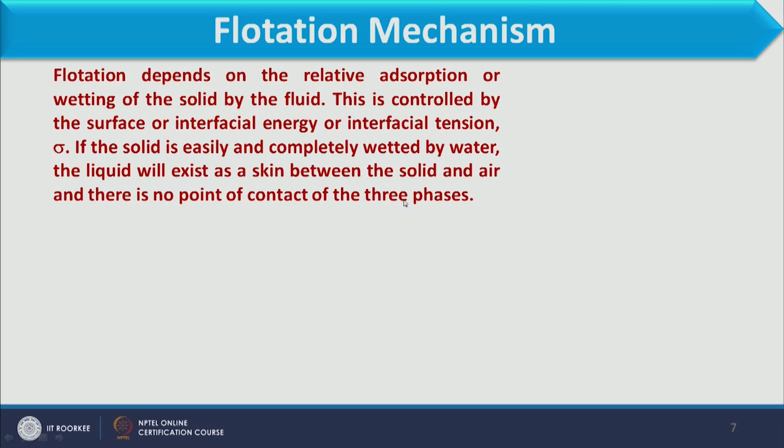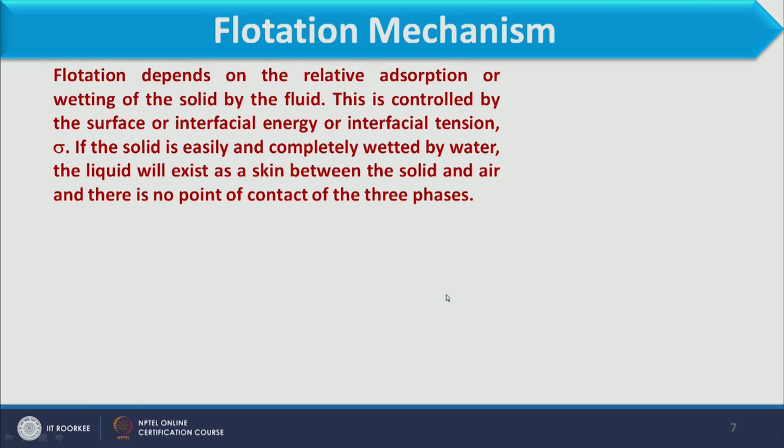Now, as far as the flotation mechanism is concerned, material will float when air bubbles are available at its surface. When a water layer is available at the surface, it will not float. There are basically three phases: first is water, then air, and then solid. The mechanism of flotation can be discussed while considering all these phases.